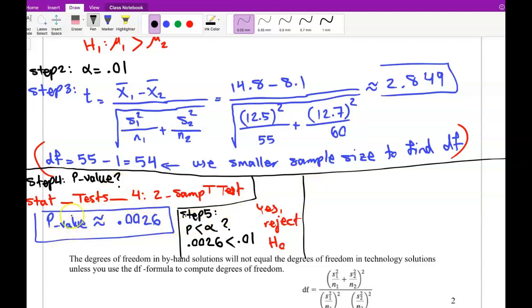And on that part here, this one is a right tail test. Now step 6.